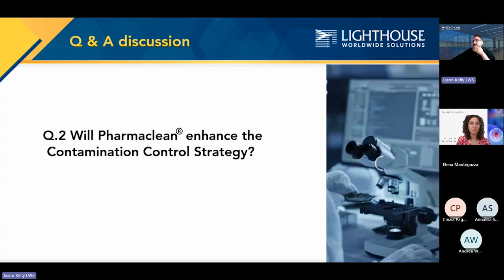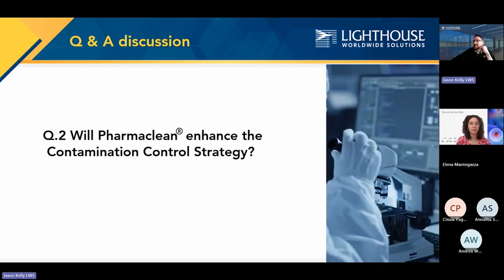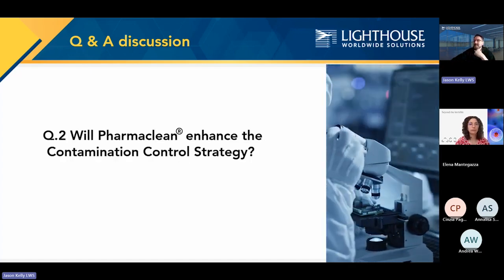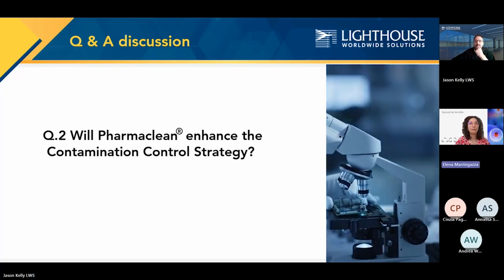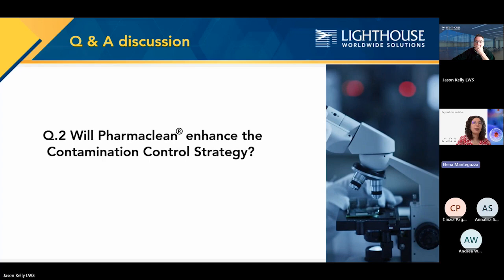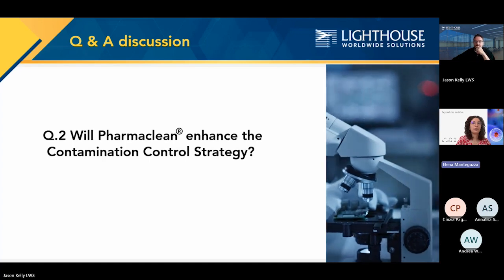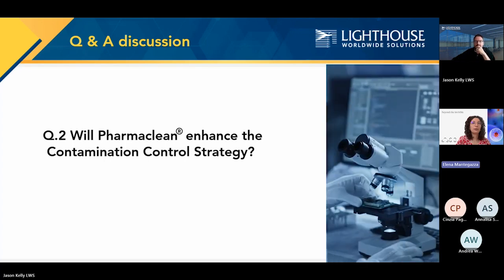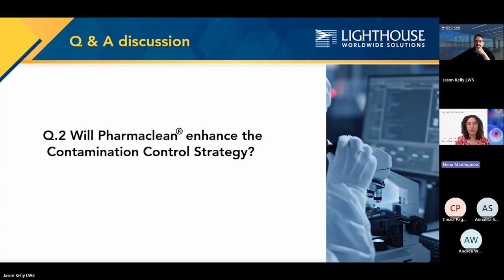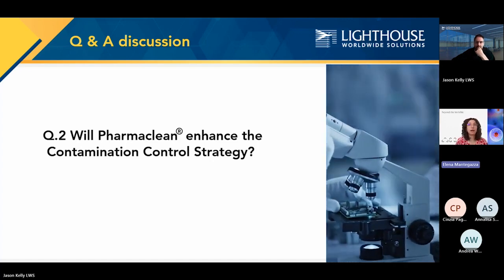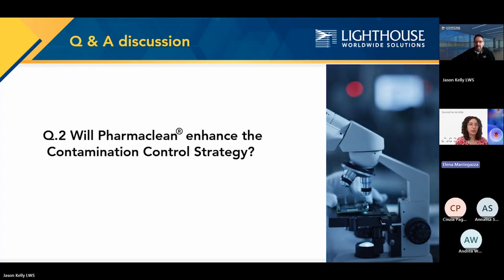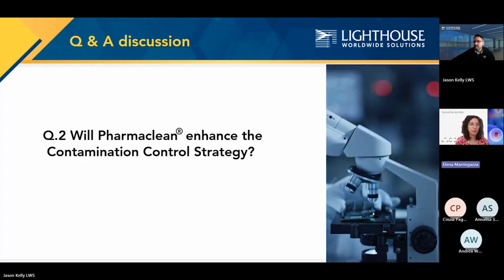So I guess another question we have is, with Pharmaclean, how will it enhance the contamination control strategy? AM manufactures at the same level of quality that our customers are required to obtain. This means that our products embed the answers on the managing of the packaging in aseptic processes.